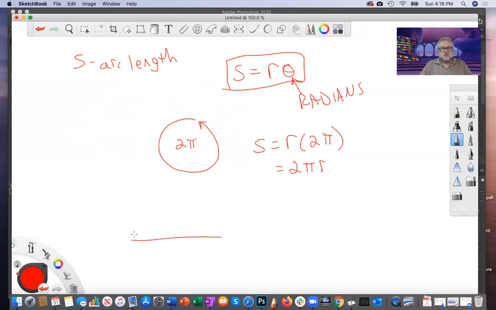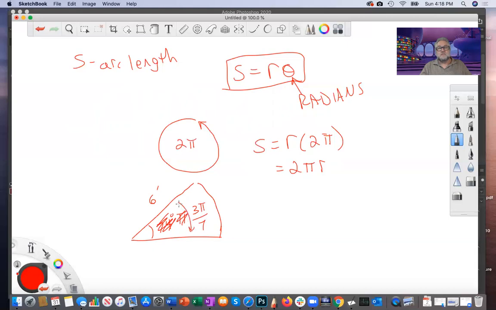So if I have this angle, with a radius of 6 feet, and I want to know what the arc length is. Let's make the angle 3 pi over 7 radians.